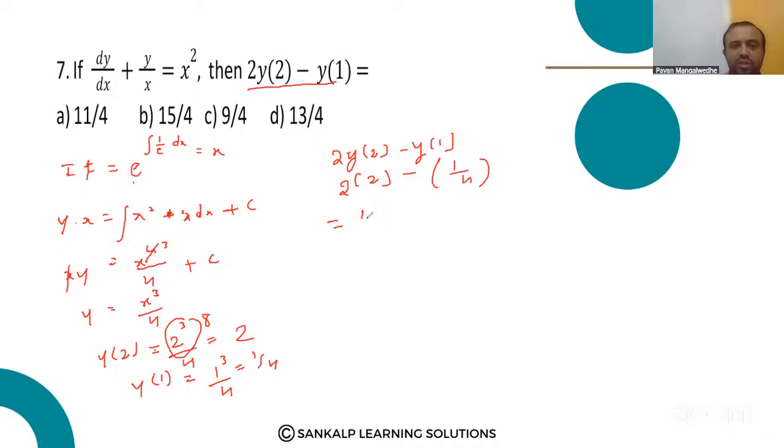So which is 4 minus 1 by 4, that is 16 minus 1 by 4, which is 15 by 4. Option B is the correct answer.